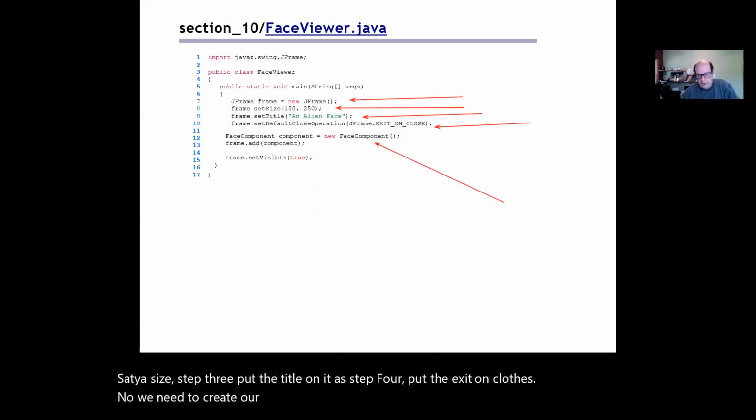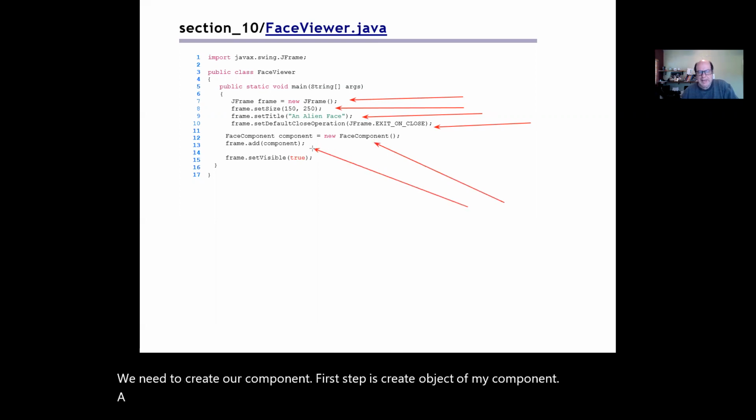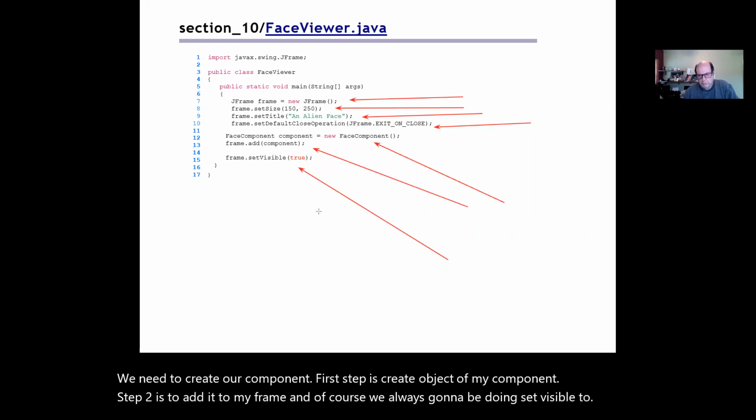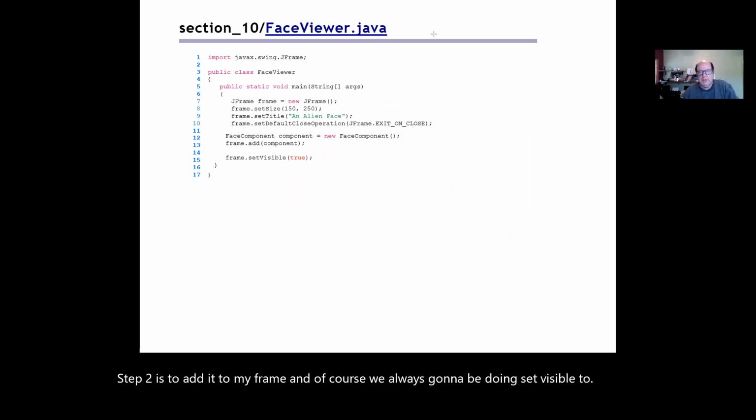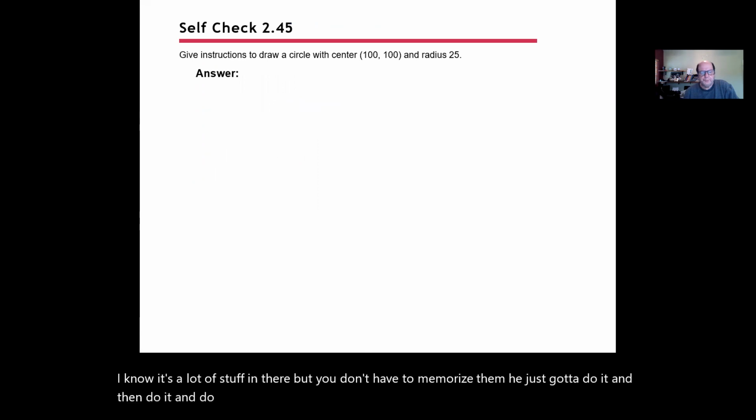First step is create an object of my component. Step 2 is to add it to my frame. And of course, we are always going to be doing set visible true. I know it's a lot of stuff in there, but you don't have to memorize them. You just got to do it and then do it and do it again.